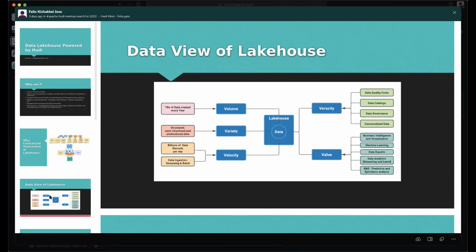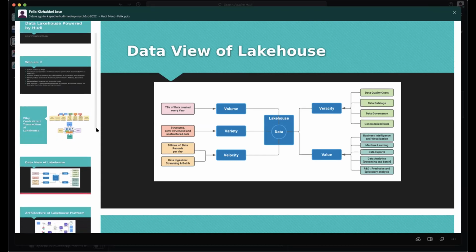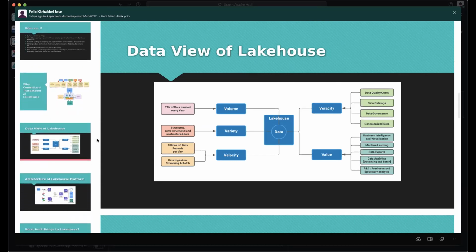From a value perspective, the lakehouse will be the source of truth for business intelligence and visualization, machine learning, and these diverse workloads like data exports, data analytics, and explorative analysis, etc. So these are some of the values it is bringing in from a consumption perspective.